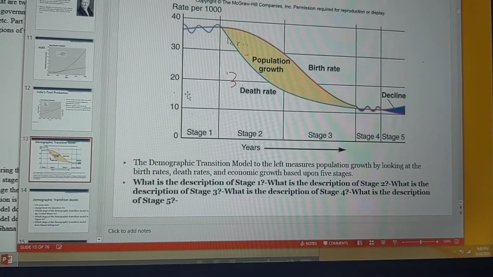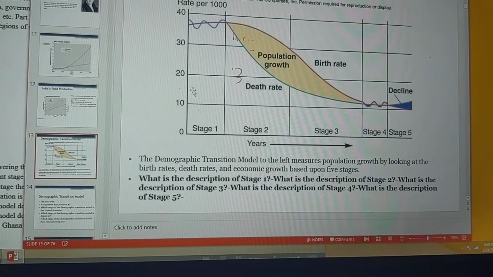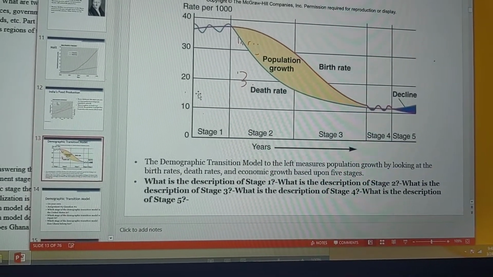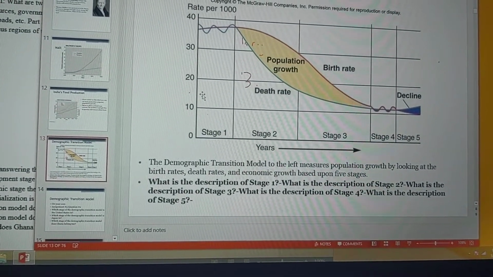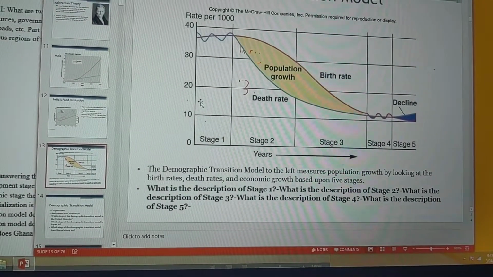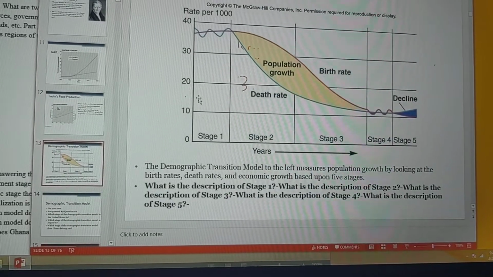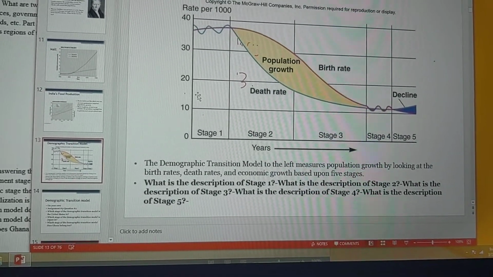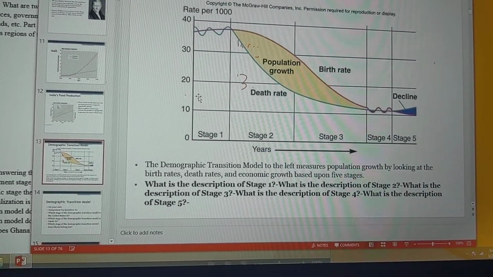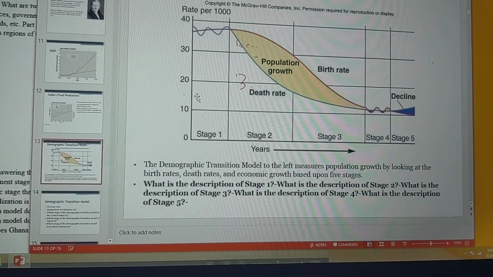Stage 1. This is a pre-industrial country. It means that there are no factories at all present. All of the population works in agriculture. I want to say this right now, though. No country in our globalized world is in stage 1.